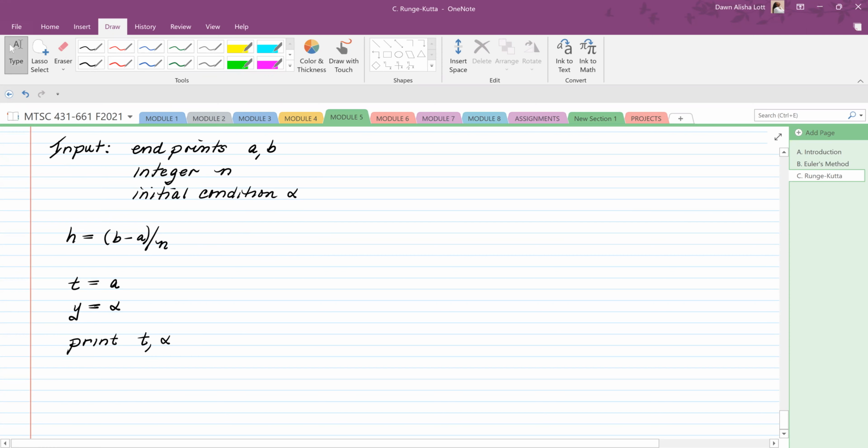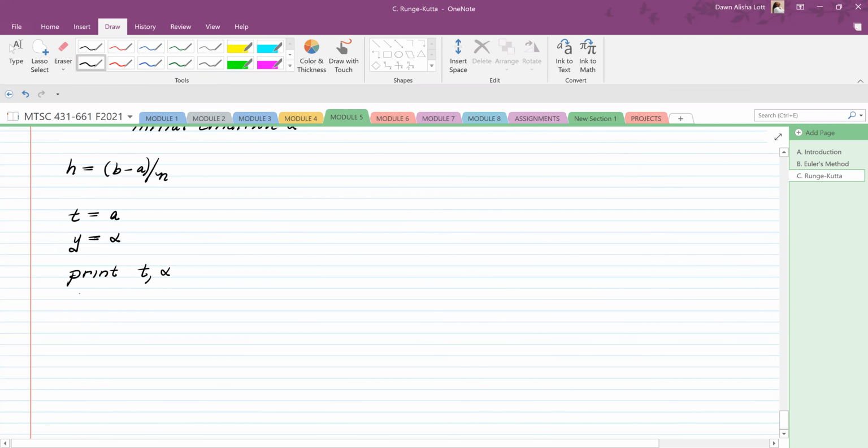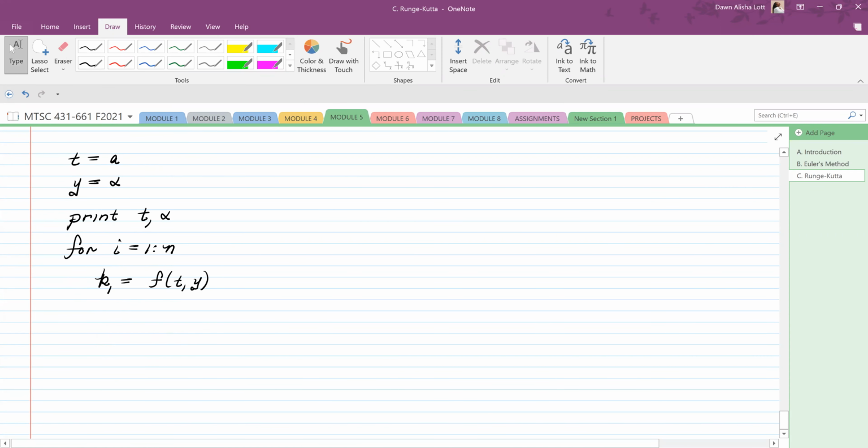Okay. And then for I equal 1 to N, compute K1. And that's just the function eval of T and Y. Okay, so you've defined the function in your code, so your code knows how to evaluate this function very quickly.